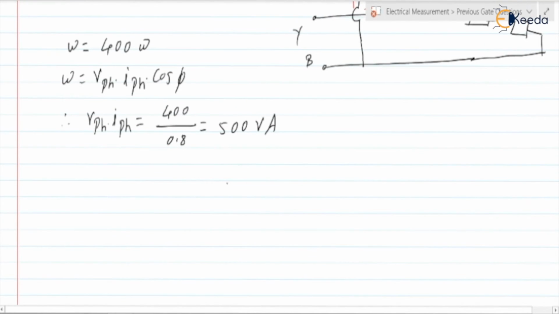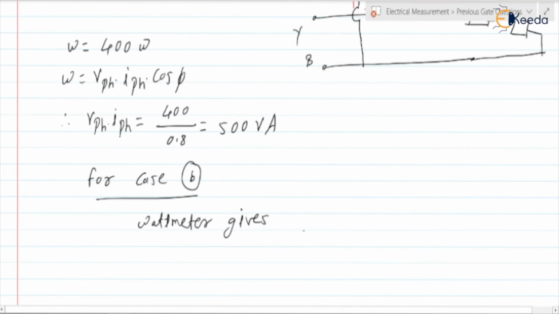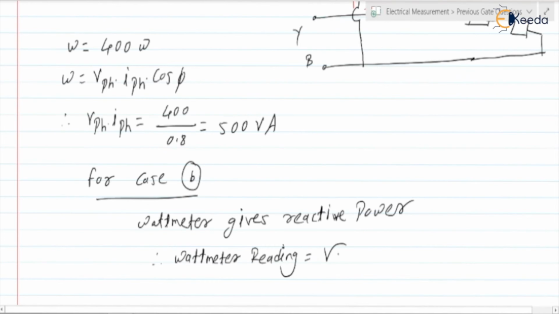Next, for the second case, or case B, the wattmeter gives reactive power. So therefore we can write reading of wattmeter is equal to root 3 into Vp into Ip into sin phi, right?